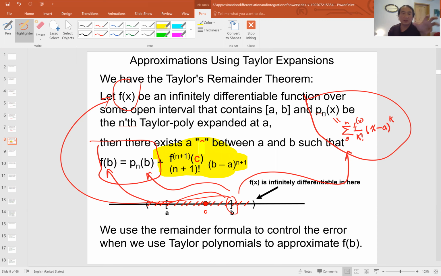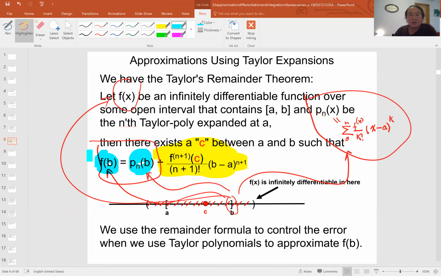The error follows this particular formula, and you look at the formula and ask, what is c? c is somewhere in between a and b. We don't know where it is, but there's a number c that fits this description. How well the polynomial approximates the value at b depends on how many terms, what degree the polynomial P is.